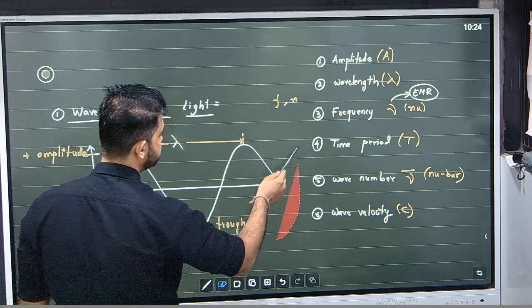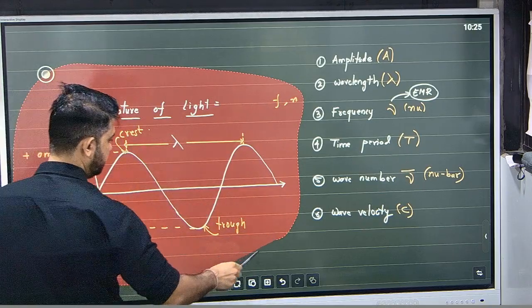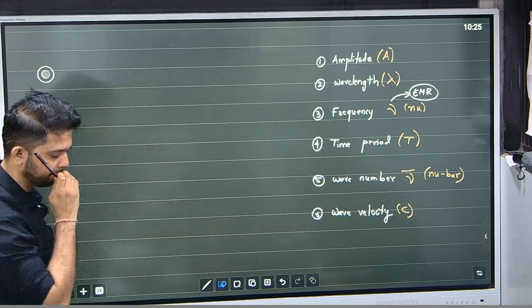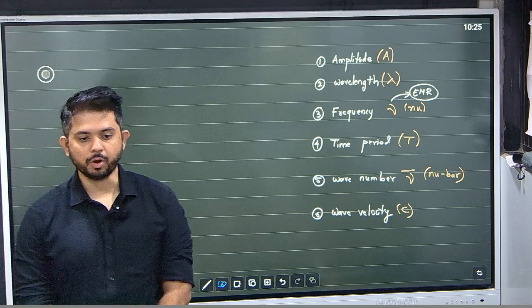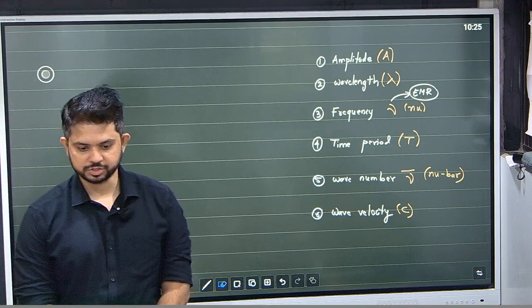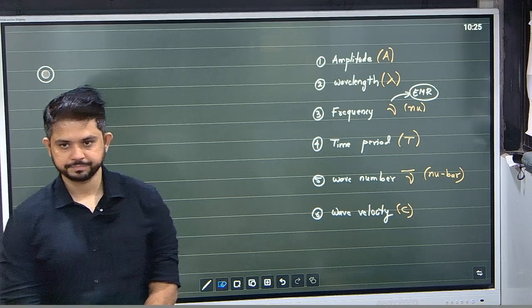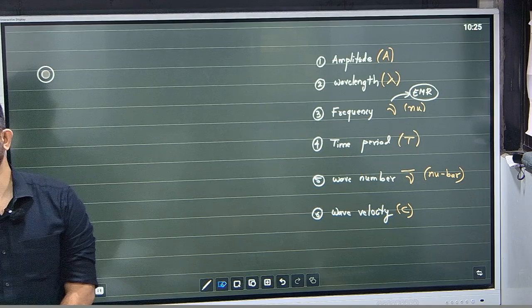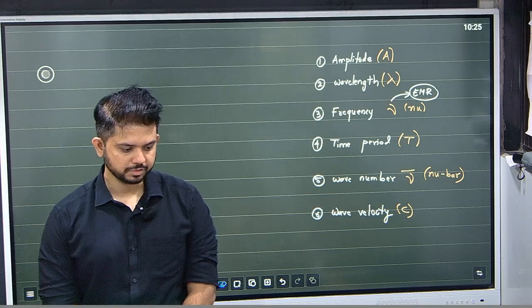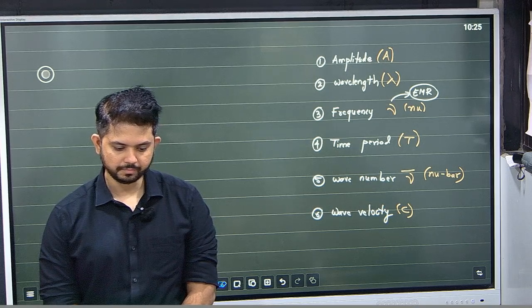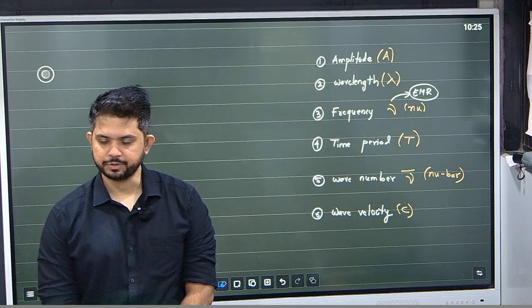Maximum displacement from mean position is amplitude.